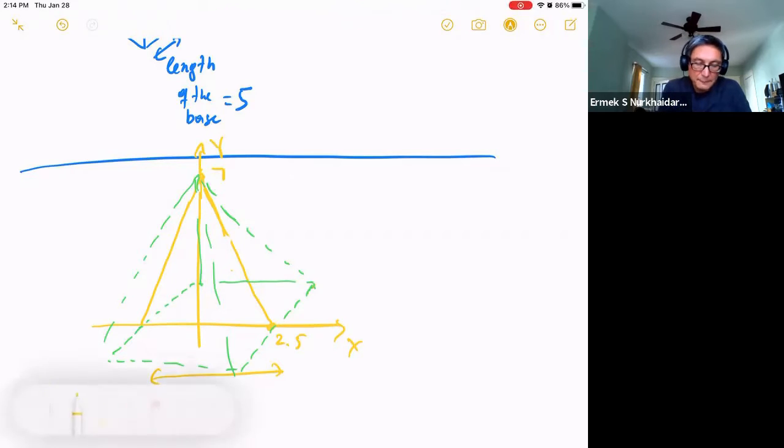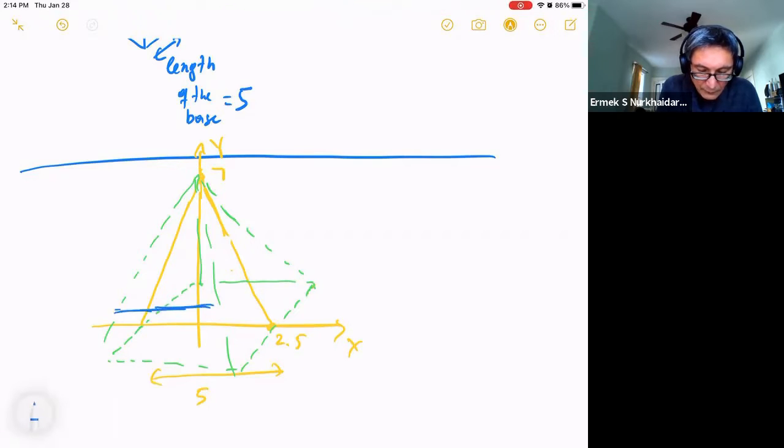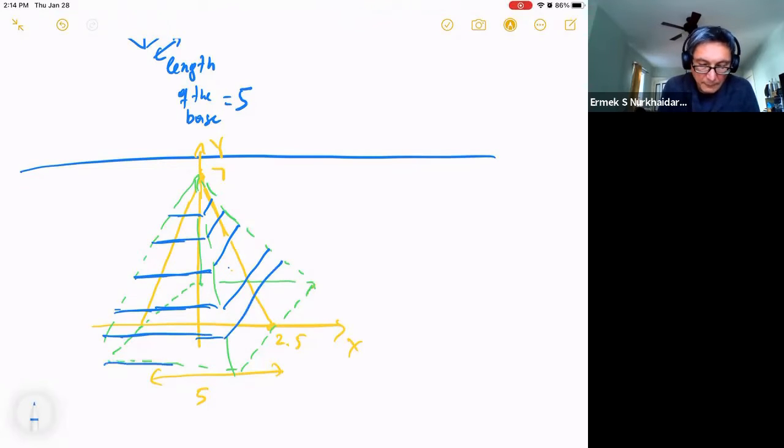And now our slices. So we start slicing it perpendicular to the y axis, right? So our slices are going to look something like this. Difficult to visualize them, but we'll try.